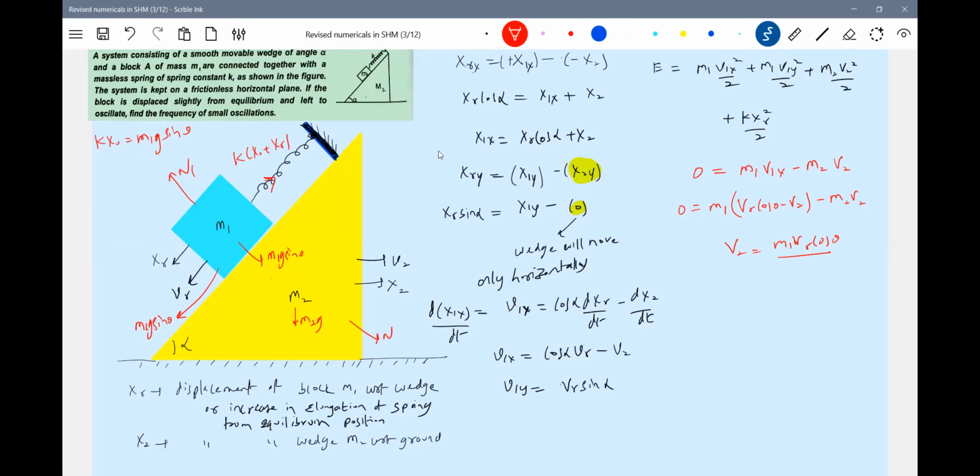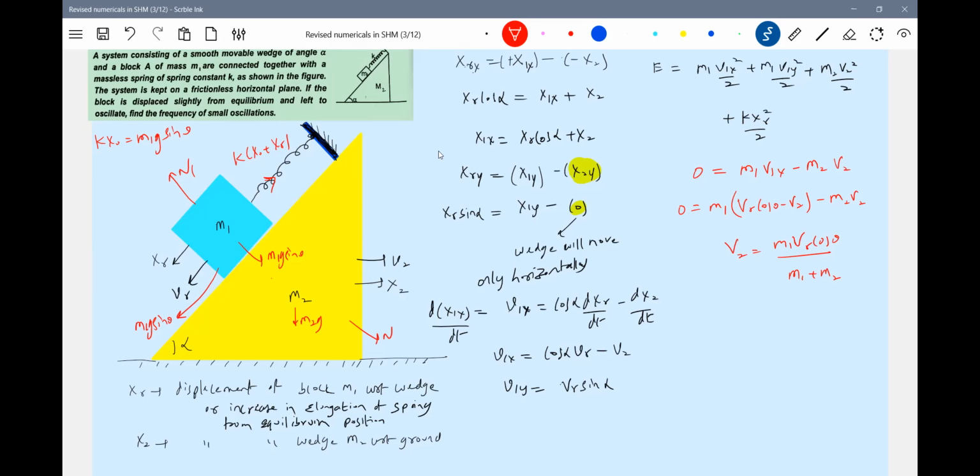V2 is equal to m1 vr cos theta by (m1 plus m2). Okay, now I'll replace vr in terms of v2, v1x in terms of v2, v1y in terms of v2. Then I'll differentiate.